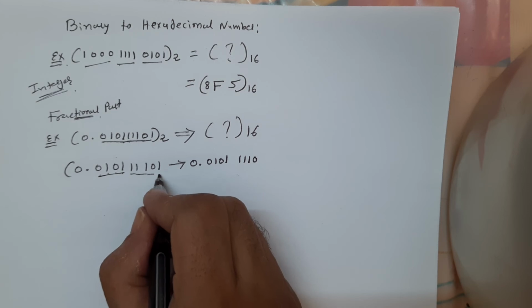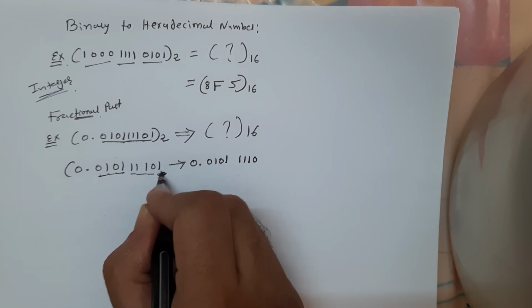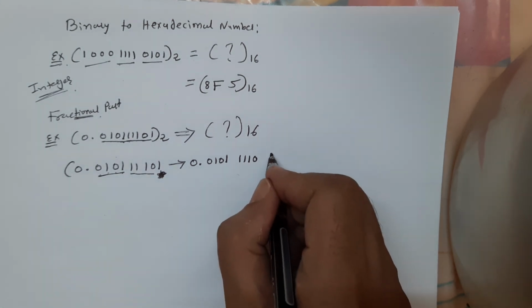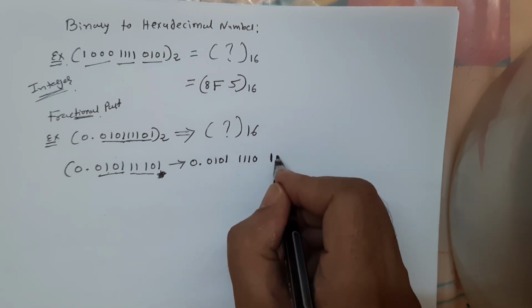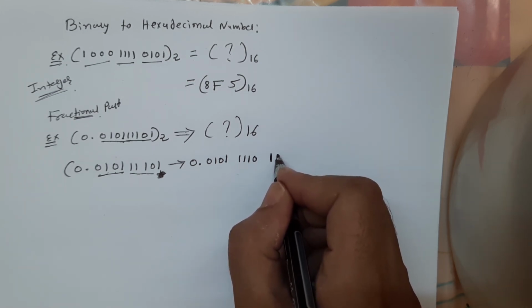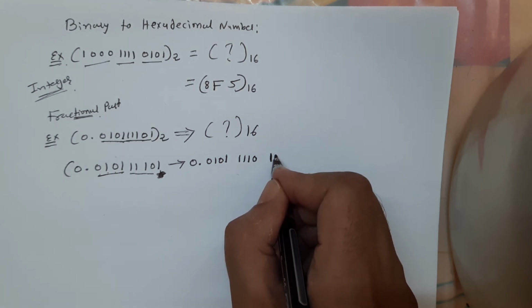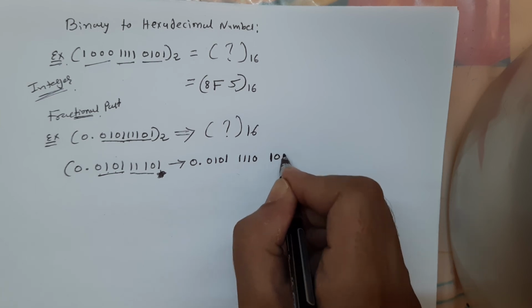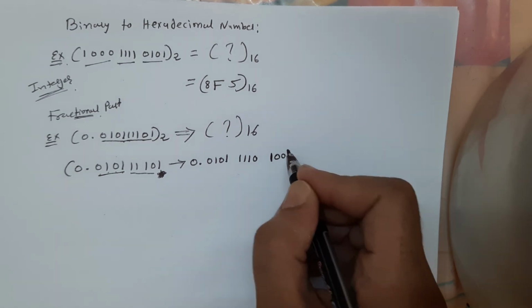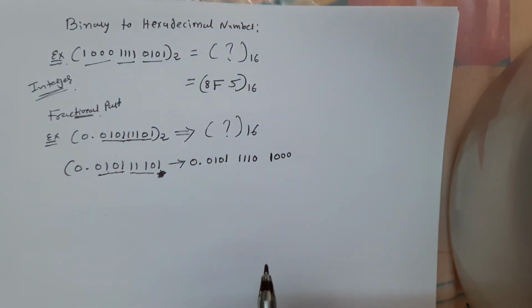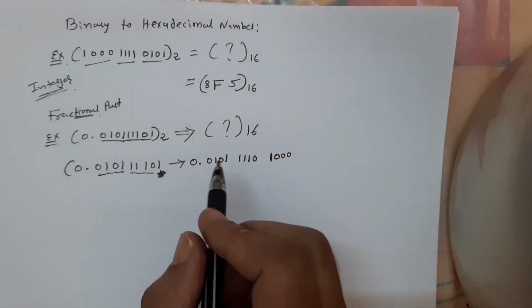The last one is 1, only 1. So we are taking 4 digits because binary is 4 bit. So 1 and we add 0 0 0. This is the last one.